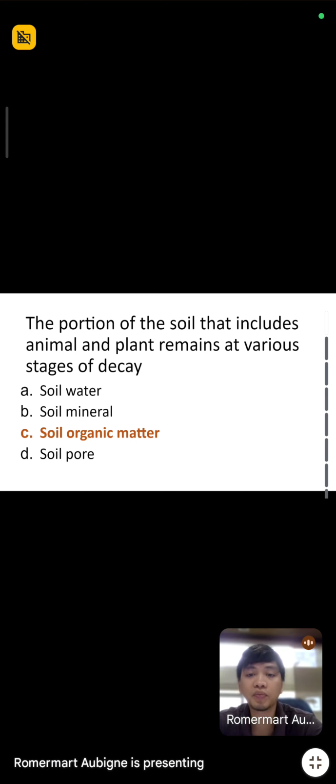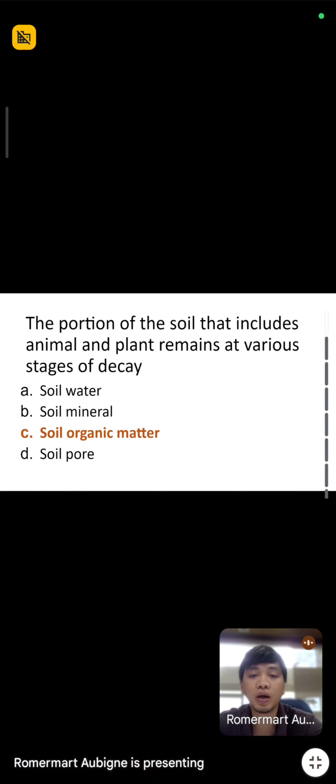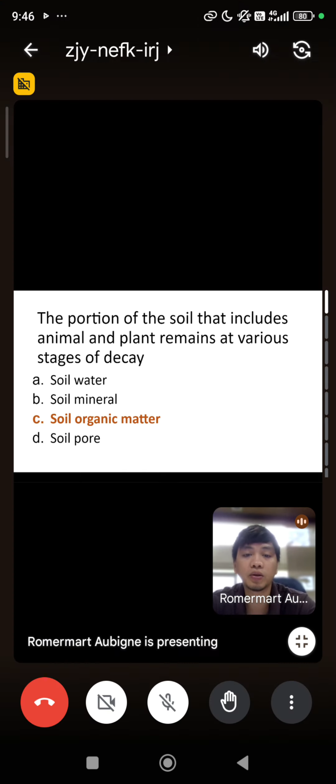The availability of soil water affects seed germination, nutrient uptake, and photosynthesis. Soil minerals refers to the inorganic component of soil, such as sand, silt, and clay. These minerals contribute to the soil structure and affect water holding capacity, nutrient availability, and also plant growth.